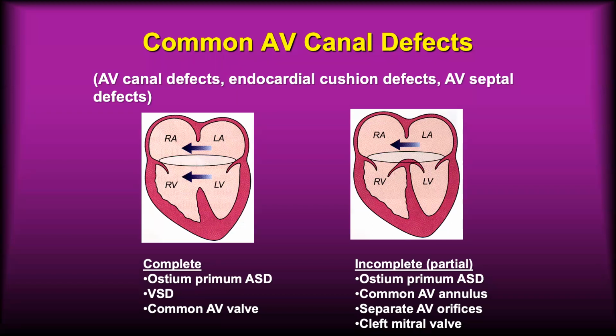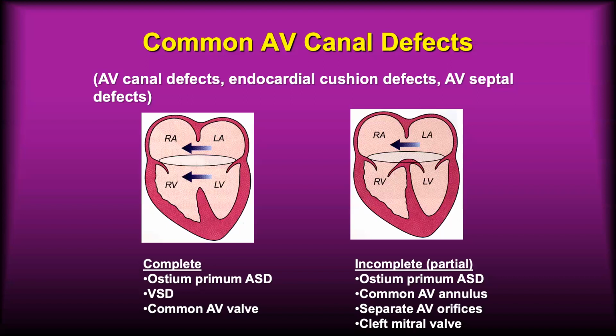Now there's the ostium primum ASD that is common to both of these presentations of the AV canal defect. The difference with the incomplete or partial AV canal defect is that you're seeing separate atrioventricular orifices, and we expect to see a cleft mitral valve.